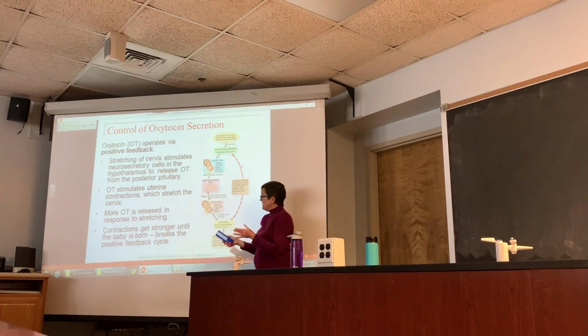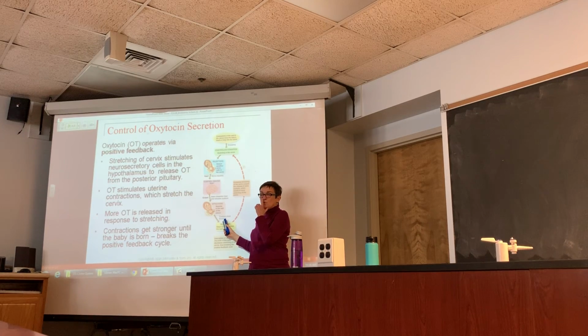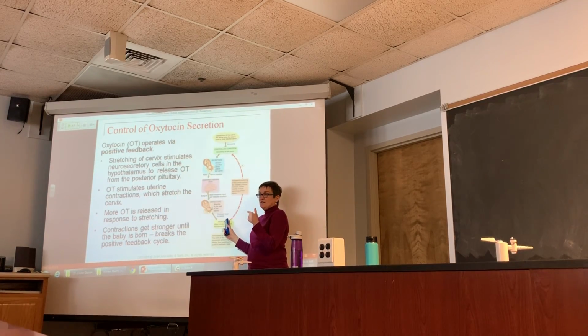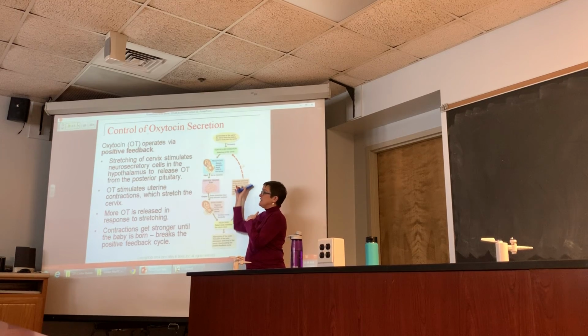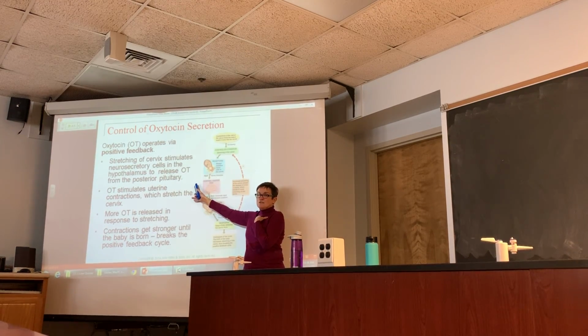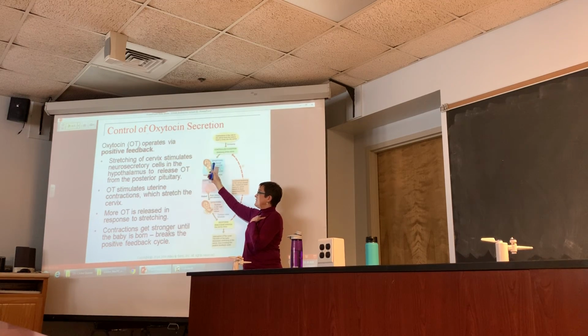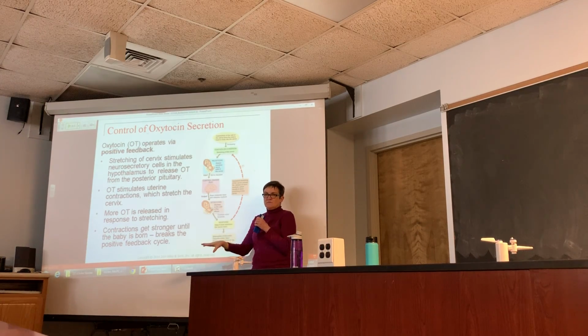And then finally the baby is pushed out of the womb. Once the baby is out, there's not that stretching, and no more stretching means reduced oxytocin production. That oxytocin will be produced in smaller amounts. It kind of gradually declines in levels.